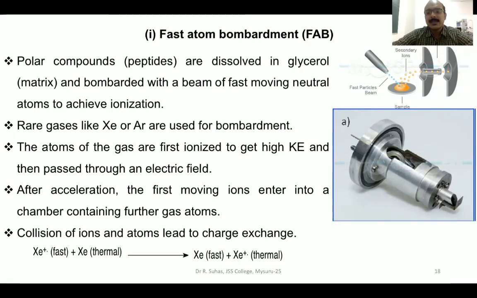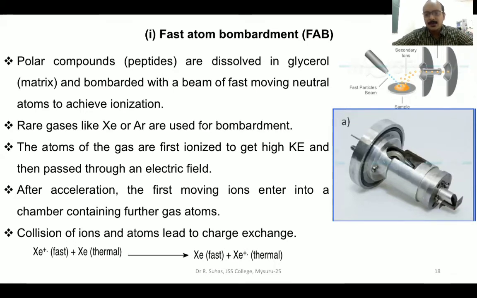Before subjecting the sample to the inlet system, we have to mix the sample with a matrix, usually glycerol, and then bombard it with a beam of fast moving neutral atoms to achieve ionization. As I said, rare gases like xenon or argon are used for bombarding. The atoms of the gas are first ionized to get very high kinetic energy and then pass through the electric field.